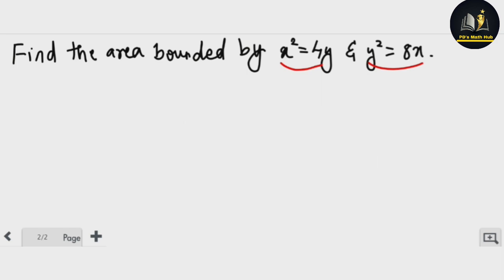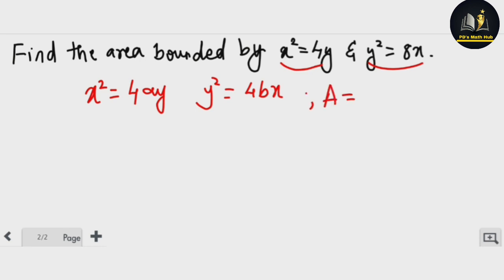In order to find the area bounded between two parabolas of the form x square is equal to 4ay and y square is equal to 4bx, the area is given by 16ab divided by 3 square units. That's it. If you have x square is equal to 4ay and y square is equal to 4bx, then the area will be 16ab divided by 3 square units.